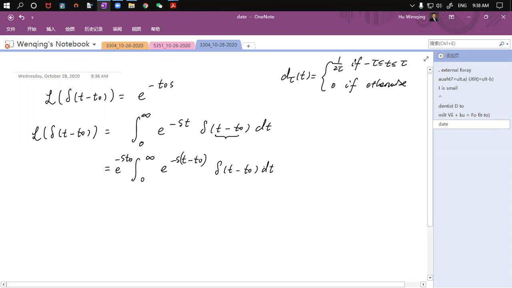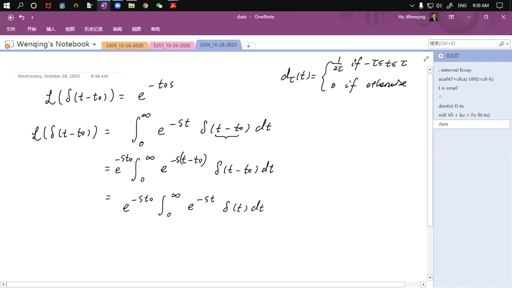If that is the case, you can see that because the delta function is going to be 0 except at the point 0, if t is not equal to t0 it's not going to contribute. So it's nothing but e power minus s t0 times the integral of e power minus st multiplied by delta of t dt.